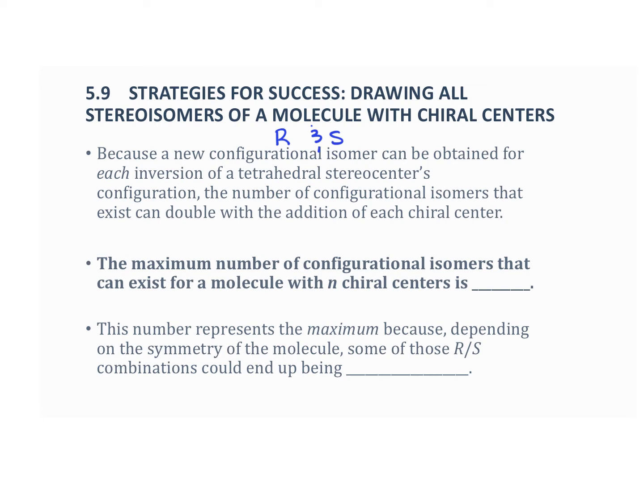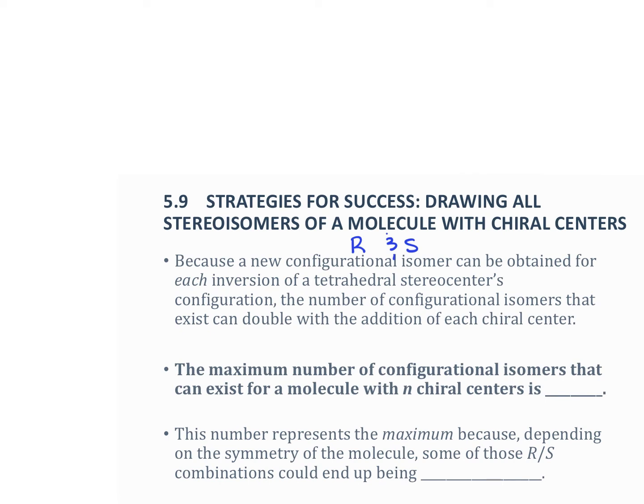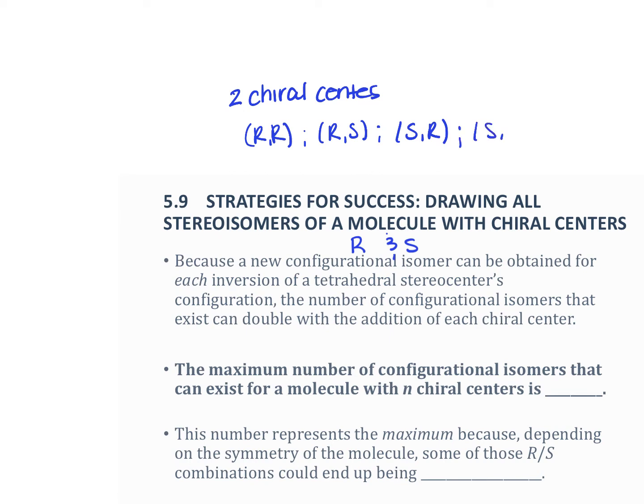So if you just have one stereocenter, you can have R and S. But let's say you have two chiral centers. With two chiral centers, you could have RR, you could have RS, you could have SR, and then you can have SS.